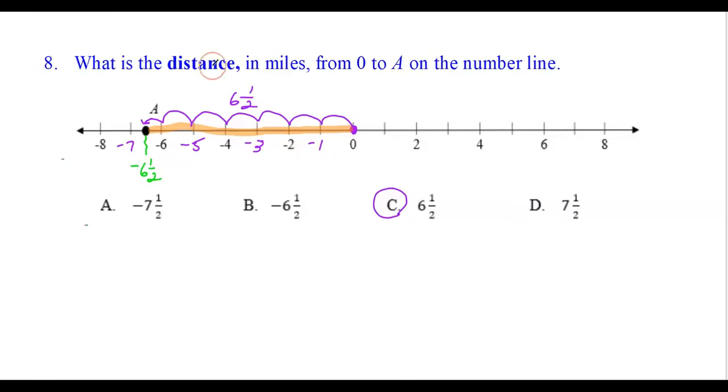If this question said, what is the coordinate of point A? Let's just say it said that. Then in fact your answer would be B. So just keep those two concepts separate so you have a clear understanding.